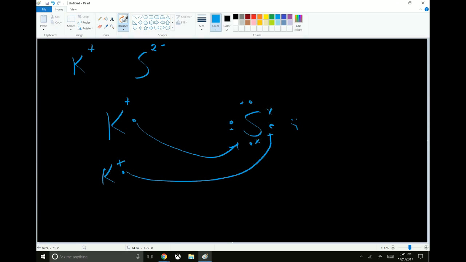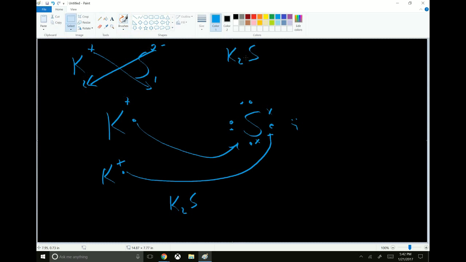Now, sulfur has the 2 electrons it needs. It's happy. And we've got K2S. You can do that for any sort of compound. I'll show you some more complicated ones. But a slightly easier method would be just bring the charges down. Okay? So the 1+ becomes a 1 down here, the 2- becomes a 2 down there, and you have K2S. 1s we tend to leave as invisible.